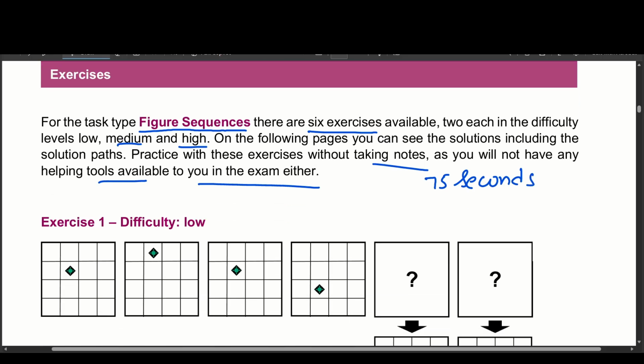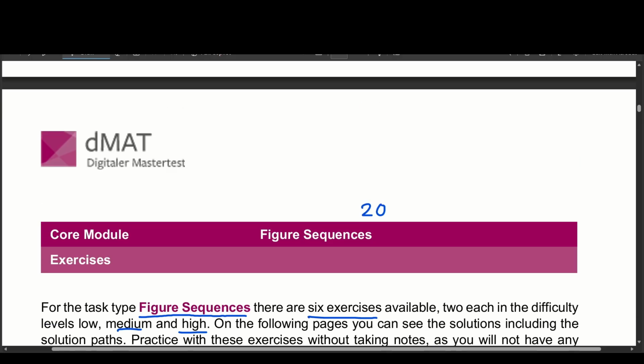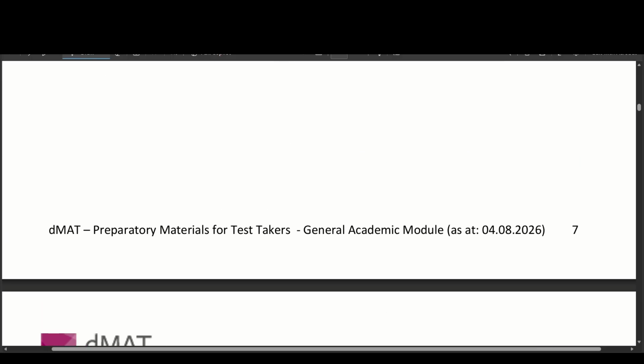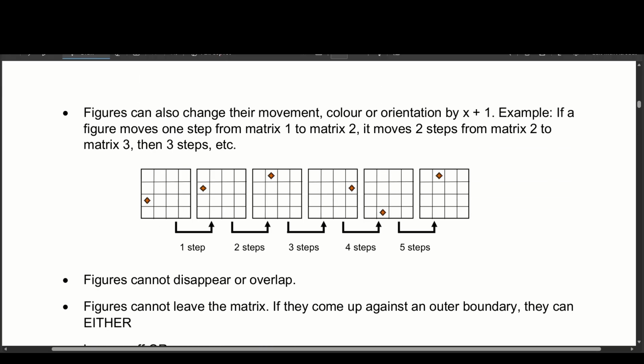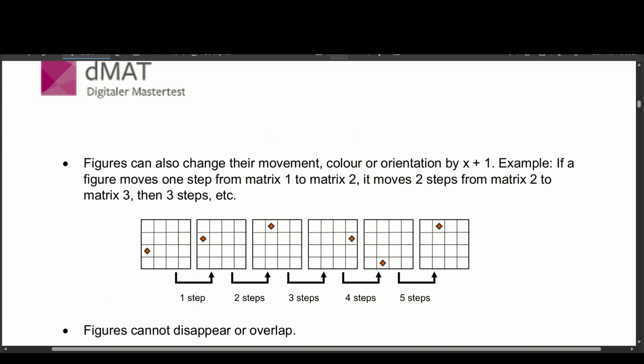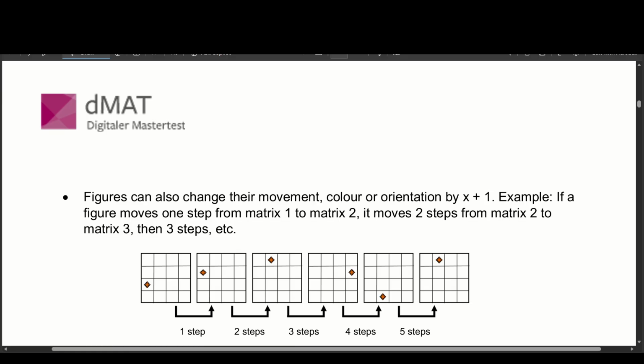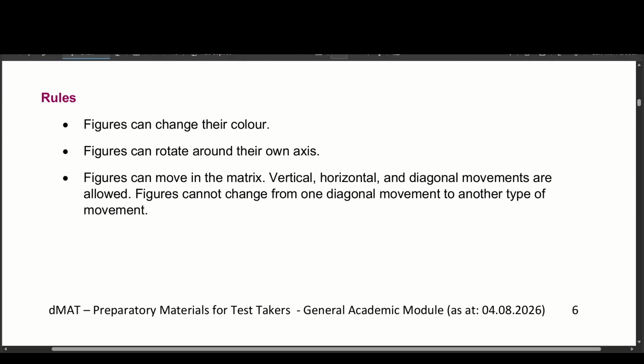So we have learned some rules in the last class that I have explained thoroughly. First rule, that figures can change their color alternately, and figures can rotate around their own axis, like 90 degrees.